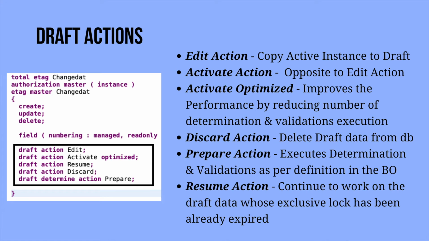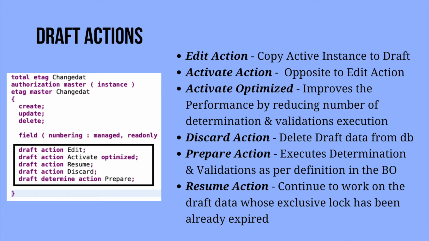All right, and there is something called activate optimized. This is optional. You can use it if your application is affected by performance issues. Why the performance problem occurs is that in the activate action, a number of determinations and validations get executed.